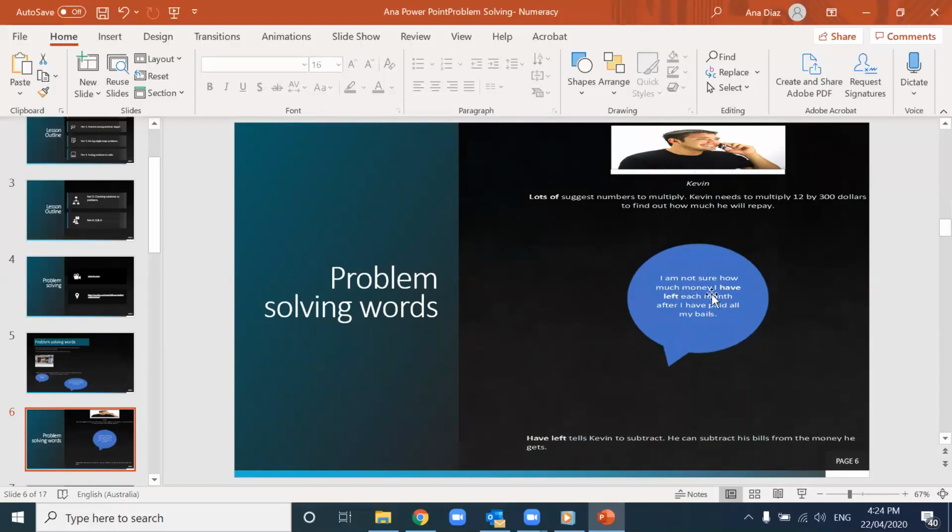I am not sure how much money I have left each month after I have paid all my bills. Have left. Look at this expression, have left. So have left tells Kevin to subtract. He can subtract his bills from the money that he gets. So his bills are, for example, water, electricity, phone, internet, gas, all those bills, even the bills from the council.